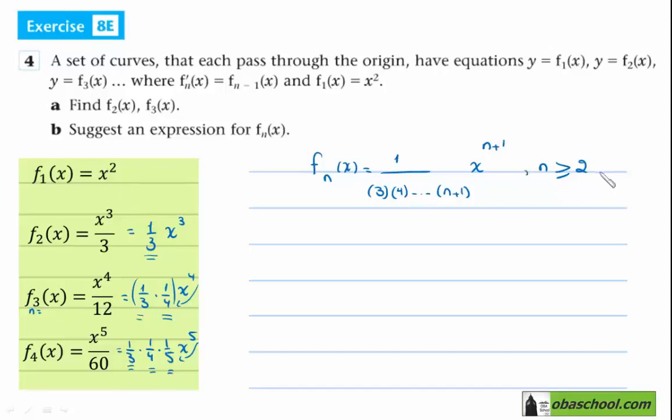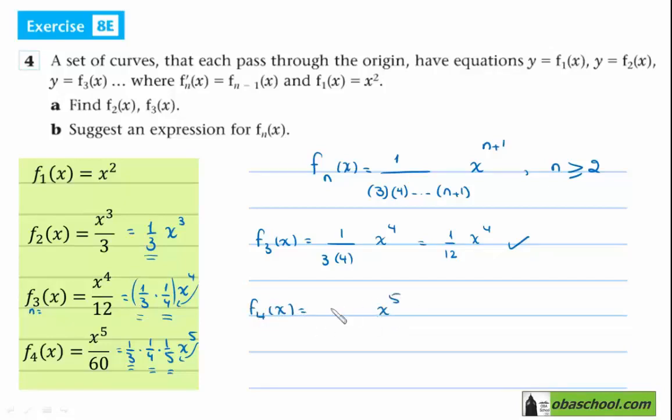Now we can try to look into the functions that we have and compare with the suggested function. For f3 of x, we have x to the power n plus 1, that is 3 plus 1, divided by 1 over 3, and the n plus 1 is 4. Then it's 1 over 3 multiplied by 4, x to the power 4, which is 1 over 12 x to the power 4. Let's try for f4 of x.